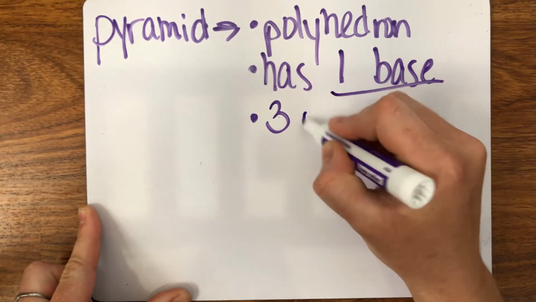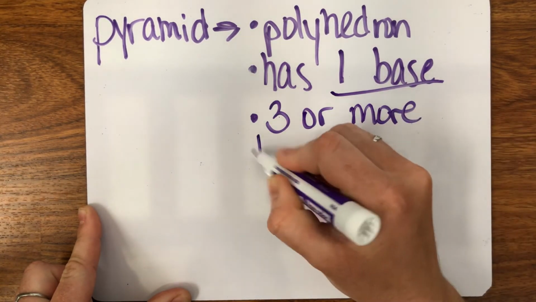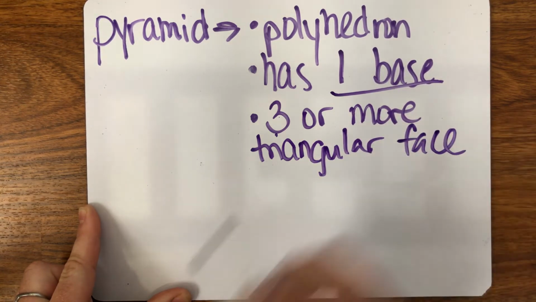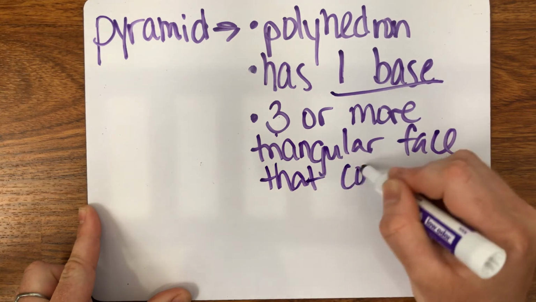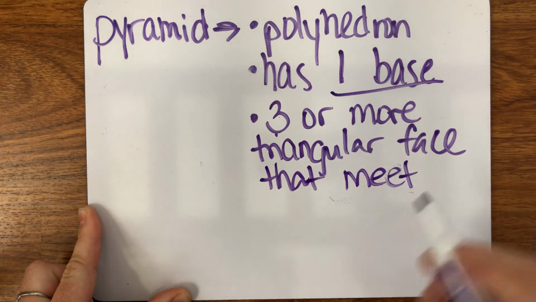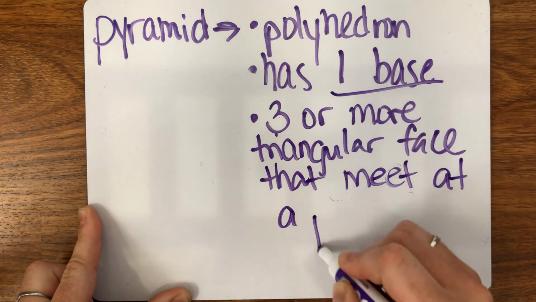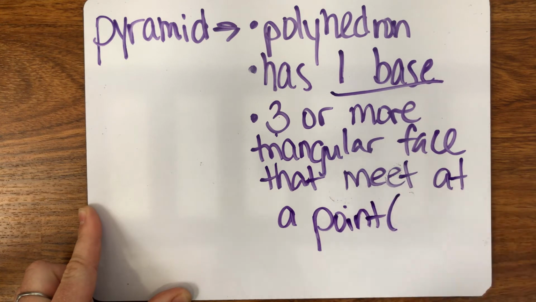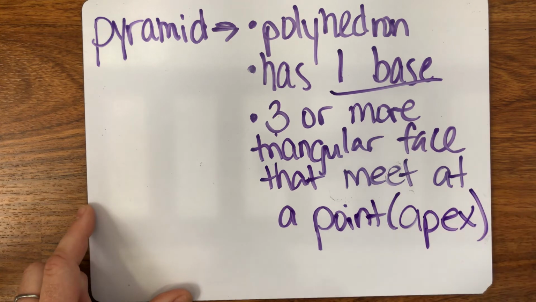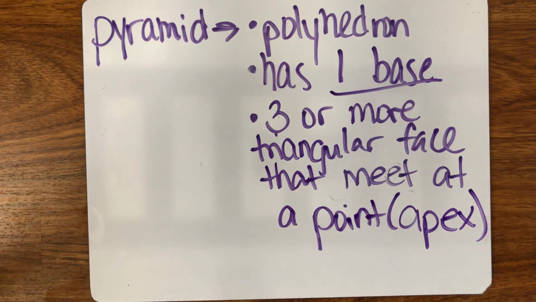And then it has three or more triangular faces that meet at a point. And that point is actually called, fancy word, an apex. All right, so pyramids are polyhedrons, have one base, and then 3 or more triangular faces that meet at a point. So let's look at a few examples.